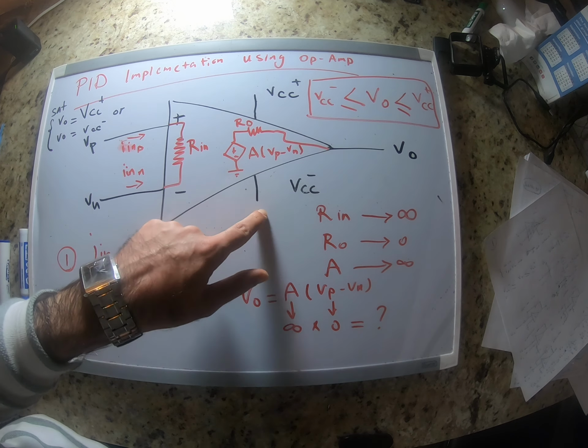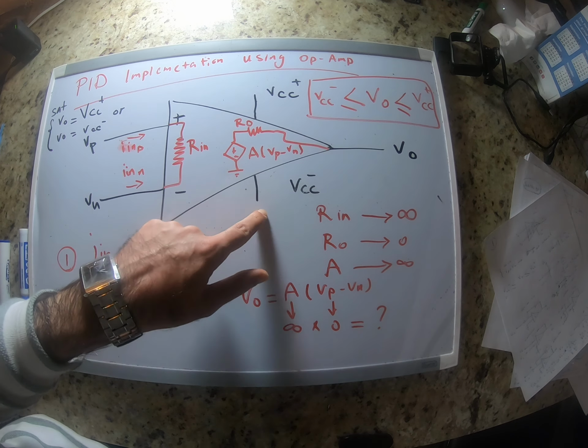So in the circuits that I'm going to show you, we're going to have negative feedback. So we have both of these rules: the input current is going to be 0 and VP is equal to VN. The non-inverting voltage is the same as the inverting voltage. So this is just a review for op-amps.